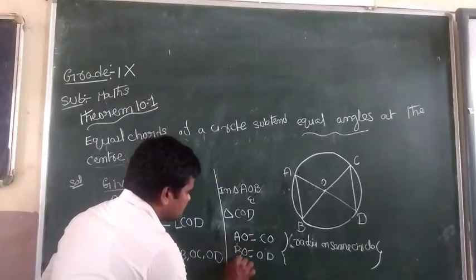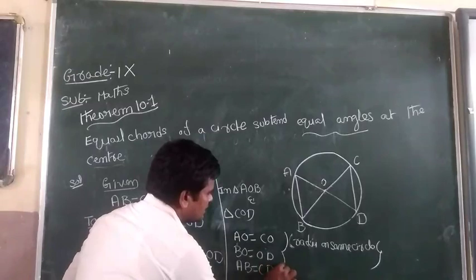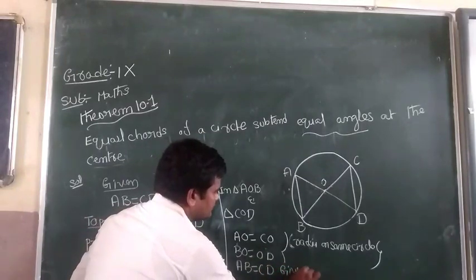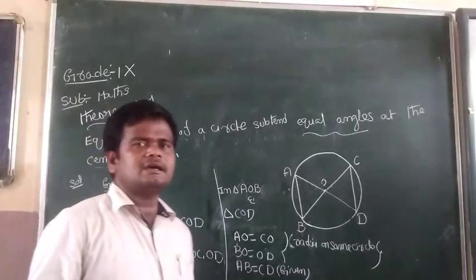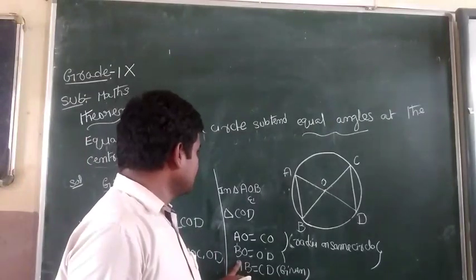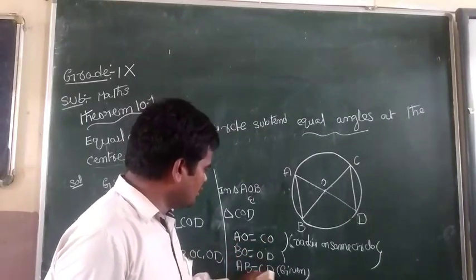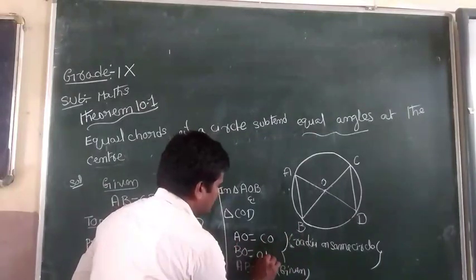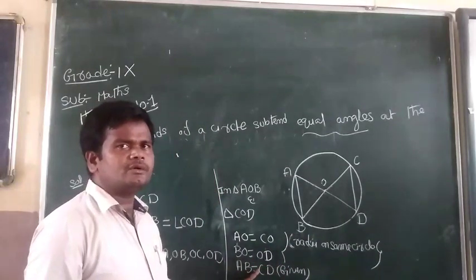And the third condition is given that AB equals CD. It is given. What is given? Two chords are equal. So according to this condition, AO equals CO, BO equals OD, AB equals CD.